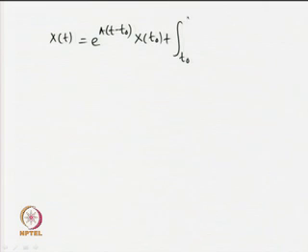We know that the solution of a state equation is given by the general expression x(t) is equal to e to the power A(t minus t0) x(t0) plus the integral from t0 to t of e to the power A(t minus tau) B u(tau minus theta) d tau. This is what we get for the dynamics of a system at any instant of time, where x(t) stands for the state of the system, as you know.